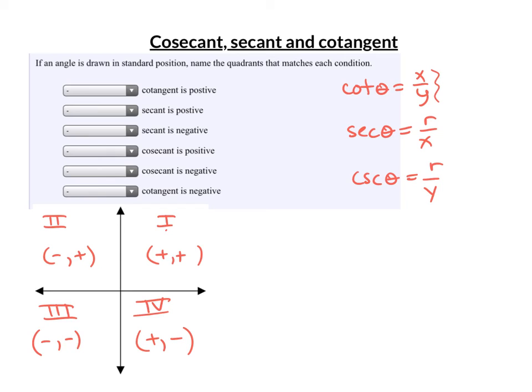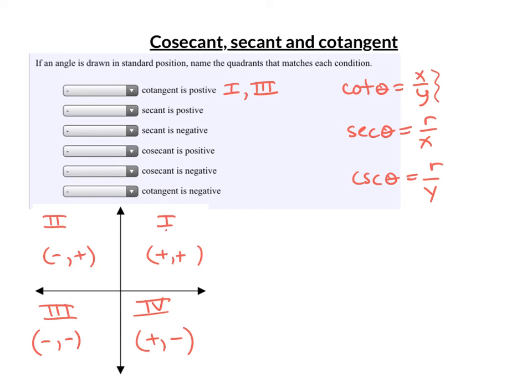I want both x and y to be positive, or both x and y to be negative. So in quadrant 1, both x and y are positive. And in quadrant 3, they're both negative. And if x is negative and y is negative, a negative divided by a negative is a positive. So this is quadrants 1 and 3.